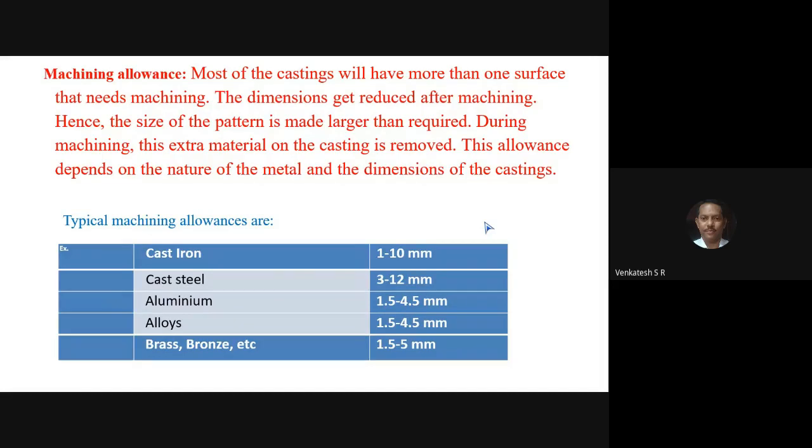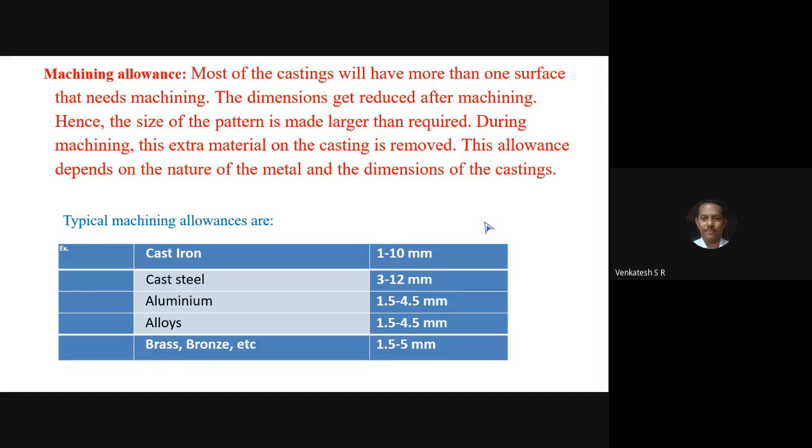the smooth surface. The machining allowance ranges, for cast iron, from 1 to 10 millimeter, for cast steel 3 to 12 millimeter, for aluminium and its alloys 1.5 to 4.5 millimeter, and for other non-ferrous metals like brass and bronze 1.5 to 5 millimeter.